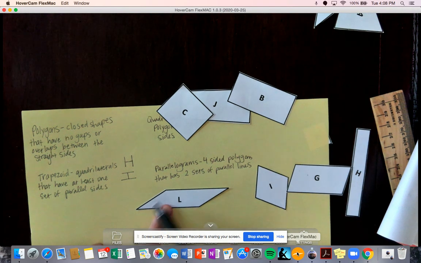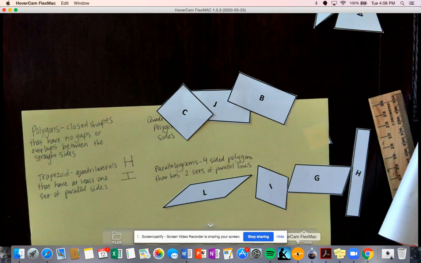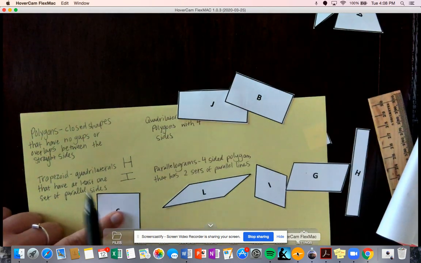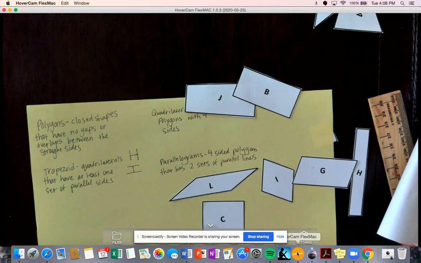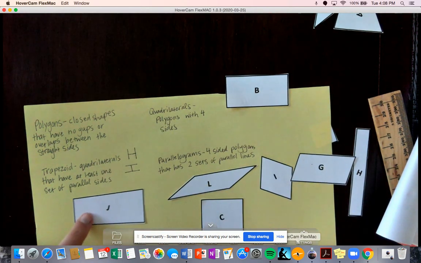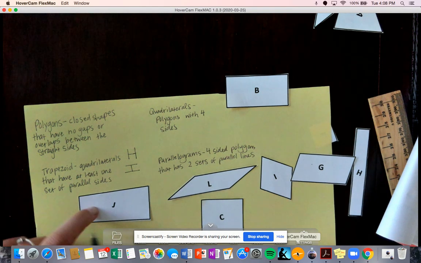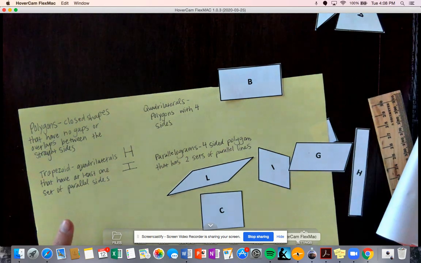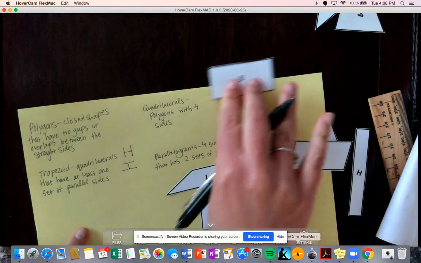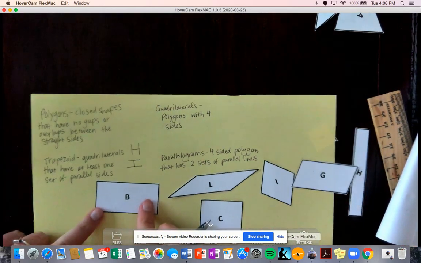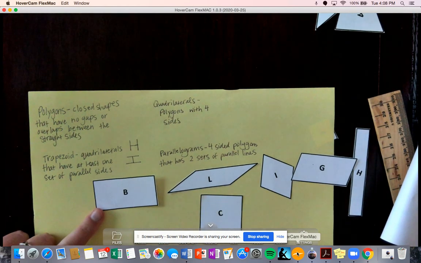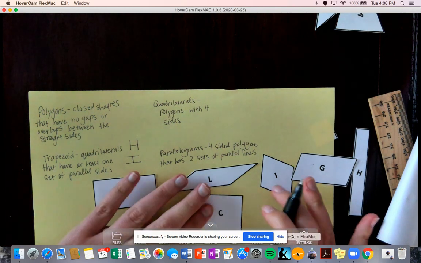L has 2 this way and 2 this way. C also has 2 sets. J only has 1 set because, like I said earlier, these 2 lines will eventually connect. And lastly, B, which has a set here and a set here. Okay.